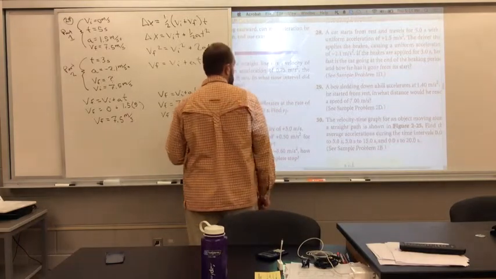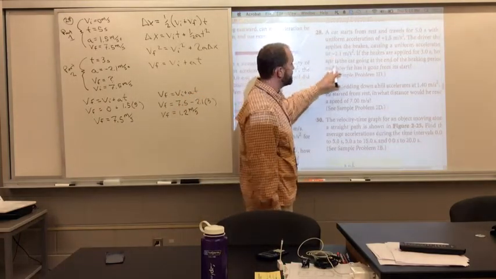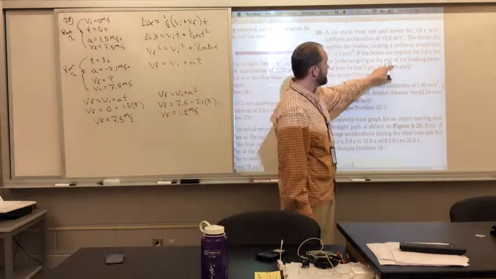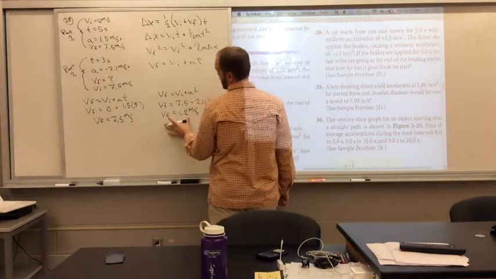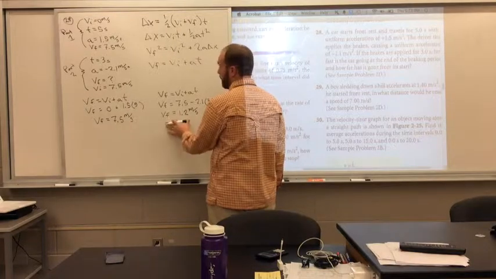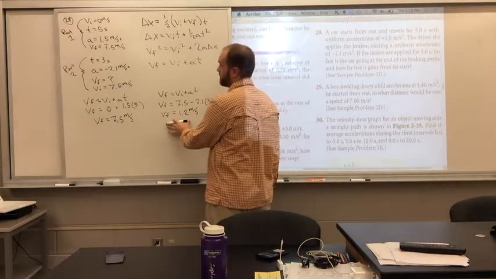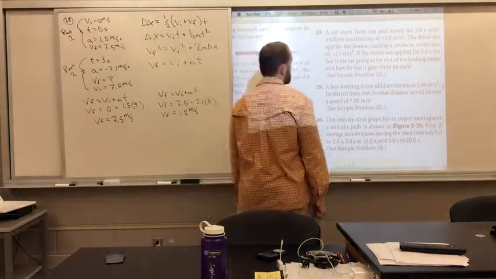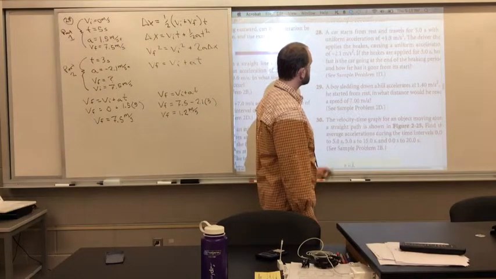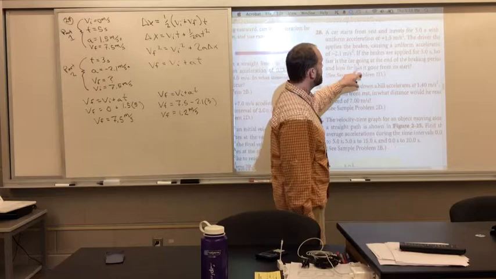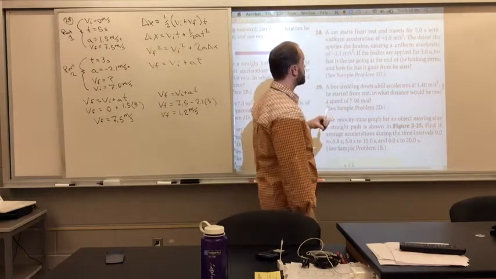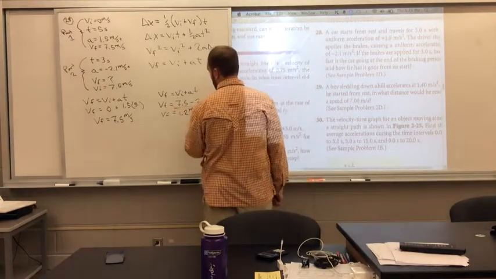So the answer to this first question is, at the end of the braking period, the car is going 1.2 meters per second. The next thing it asks is, how fast is the car going at the end of the braking period? We answered that. And how far has it gone from its start? There's the first answer.